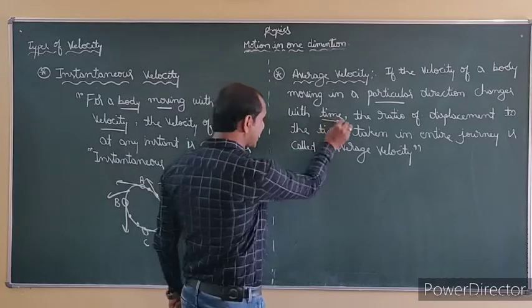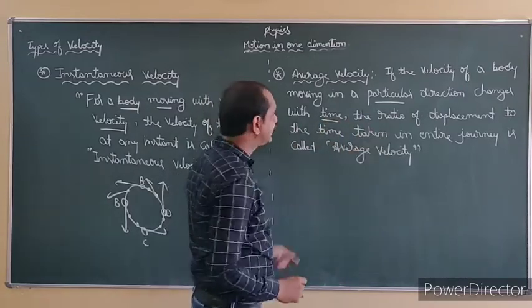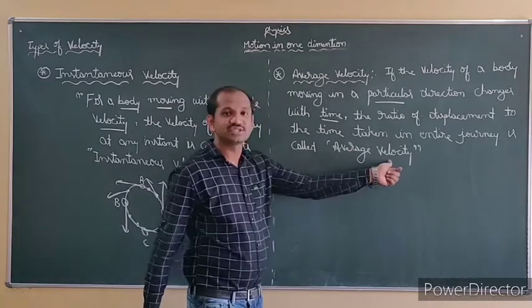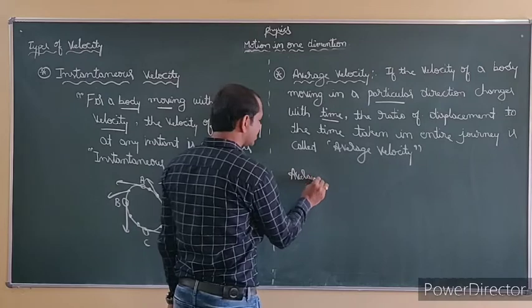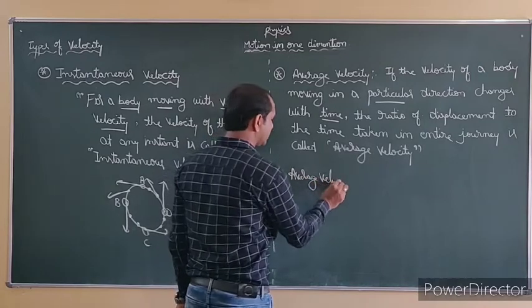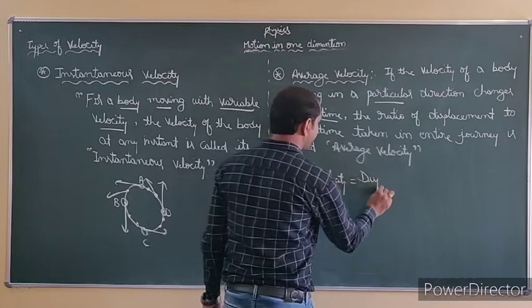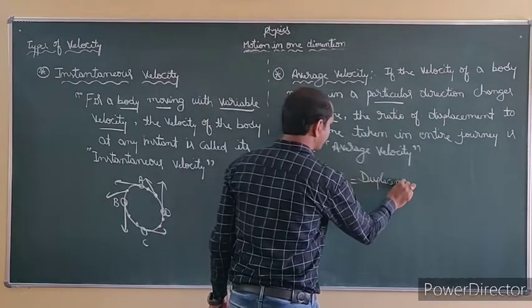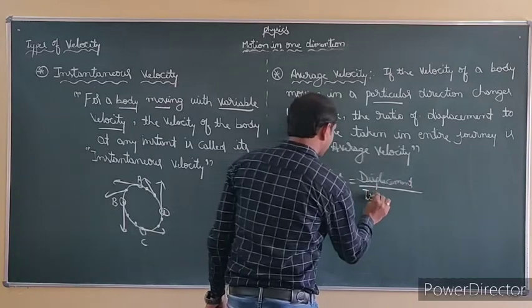The ratio of displacement to the time taken in the entire journey is called average velocity. Mathematically, average velocity equals displacement divided by total time.